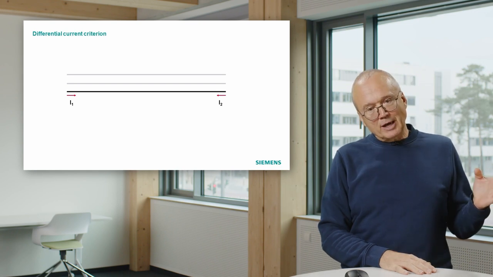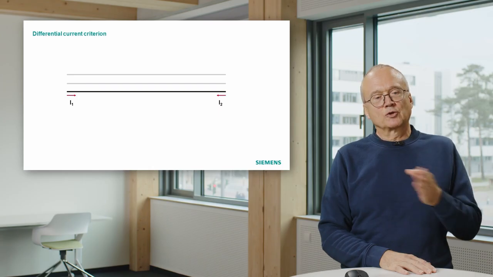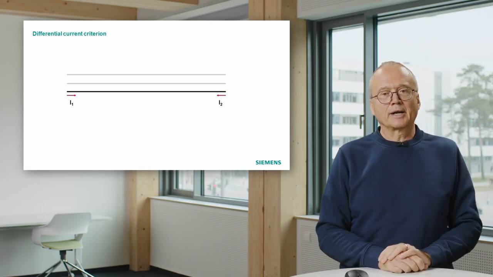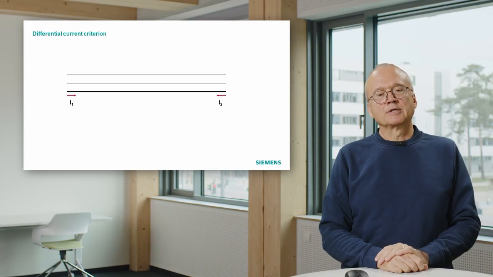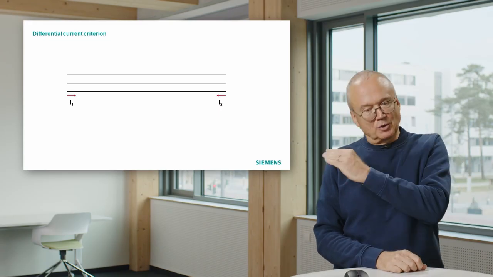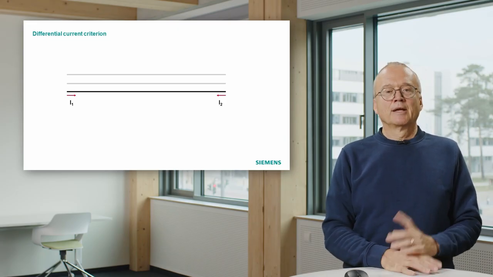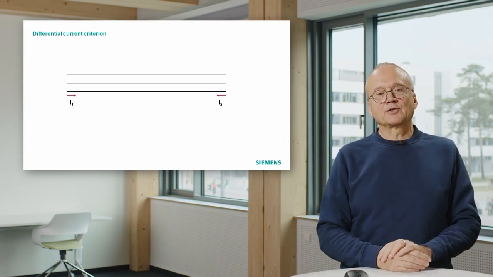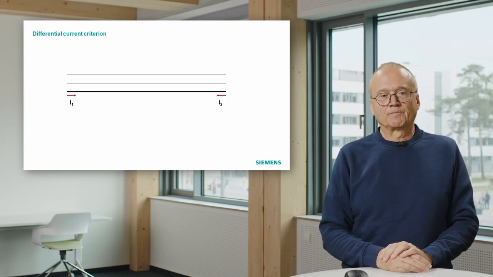That means if we have in this picture here a current flow from left to right, let's assume 100 amps, I1 would be 100 amps and I2 would be minus 100 amps because it flows against the indicated direction. That means in normal operating state, the sum of these two currents is 0.